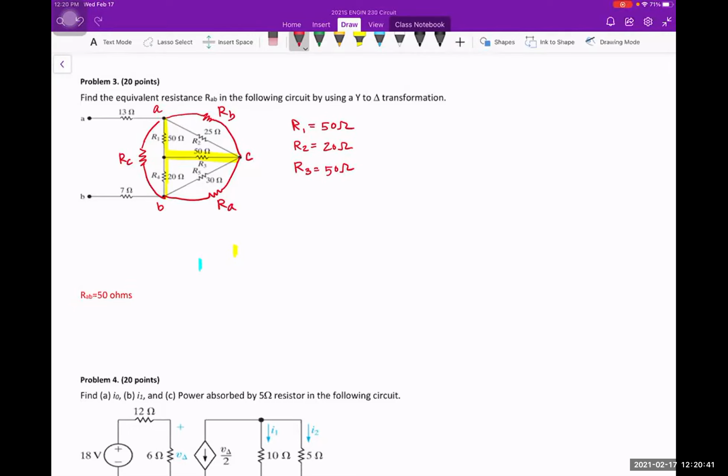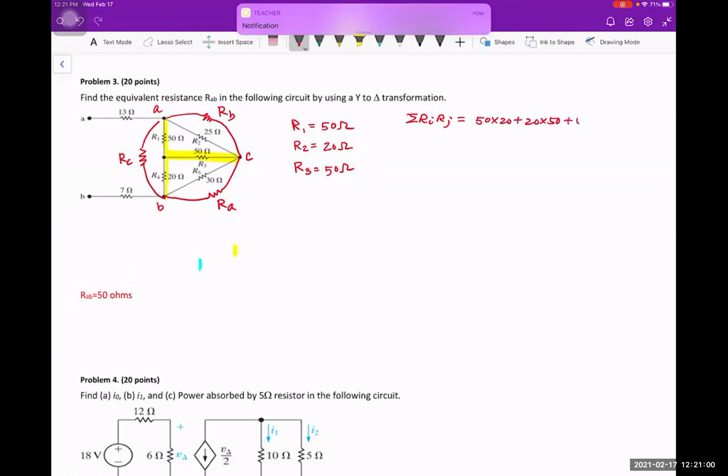So look at the equation. The equation requires you to do a summation of RiRj, right? It will be easier for you to calculate those things if you calculate this one first. This simply represents 50 times 20 plus 20 times 50 plus 50 times 50. You sum all these together, this will be the summation of every pair of the resistors, which gives you 4,500.